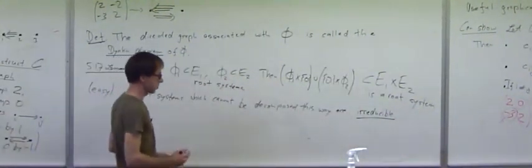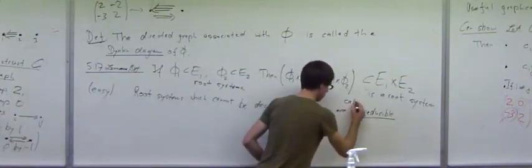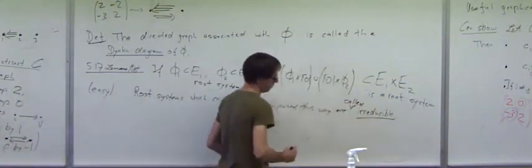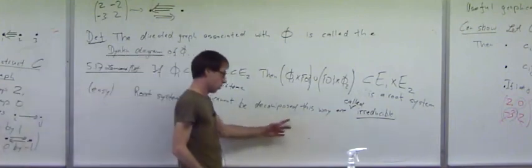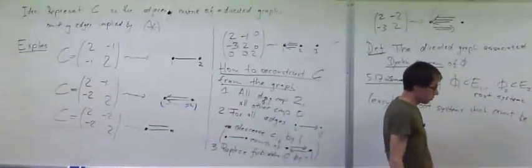So this is the definition, they are called irreducible. So what I do to classify all root systems is I just classify the irreducible root systems, and then I will obtain all root systems by iterated application of this construction here.